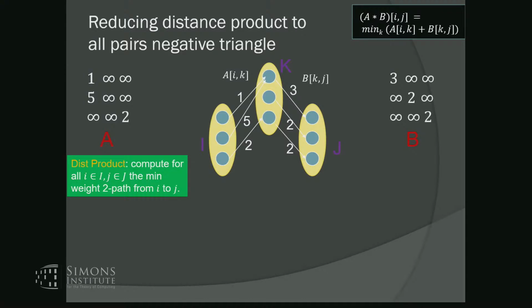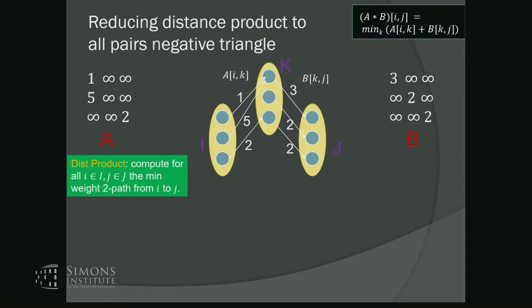Okay, so let's look at this example. These A and B are the two matrices that we would like to take the distance product of. And what we're going to do is make a graph that has three pieces, and we're going to add edges from, let's say, I to K. So I'm going to add an edge from this first vertex to this first vertex with weight 1, because there's a 1 in position 1,1.